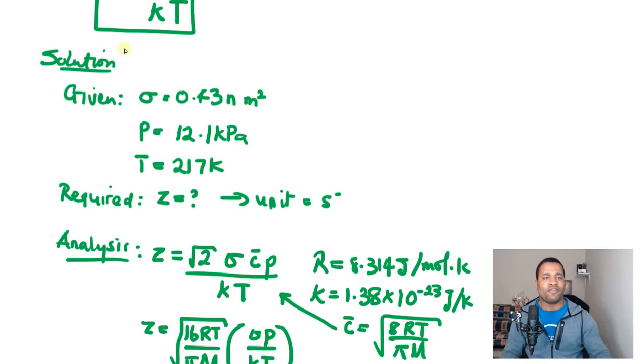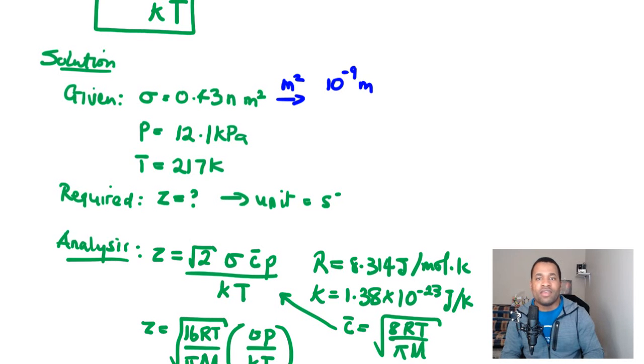So take note here that for our givens, we have our specific units for the cross-section area to be in nanometers squared. Therefore, to convert from nanometers squared to meter squared, because we need to abide by the SI units, we know that 10 to the power of -9 meters is equal to 1 nanometer.